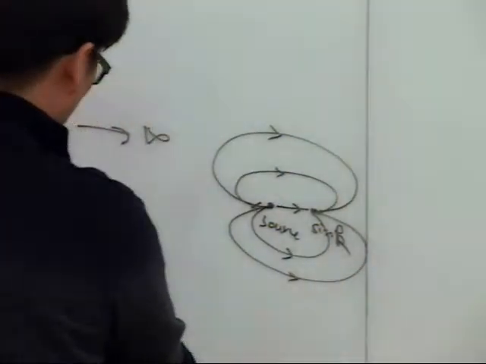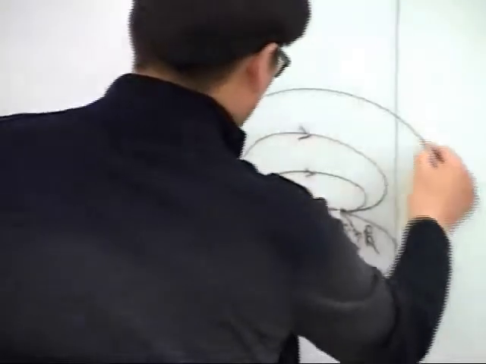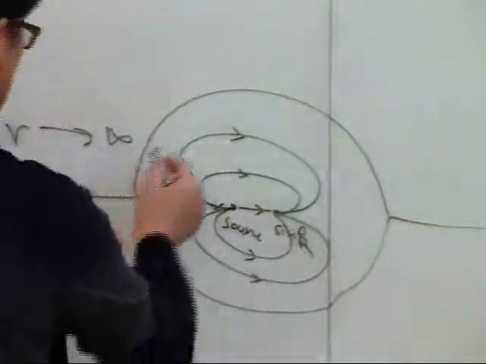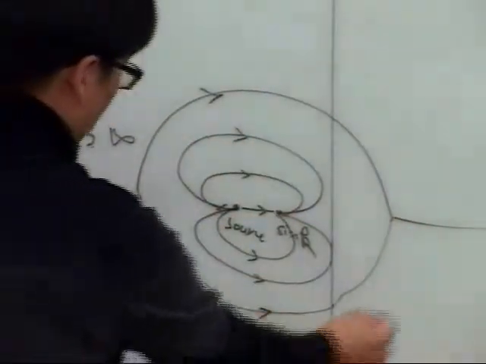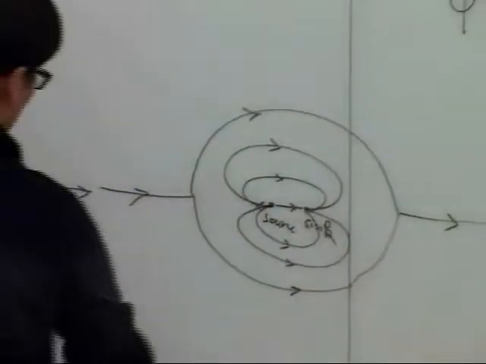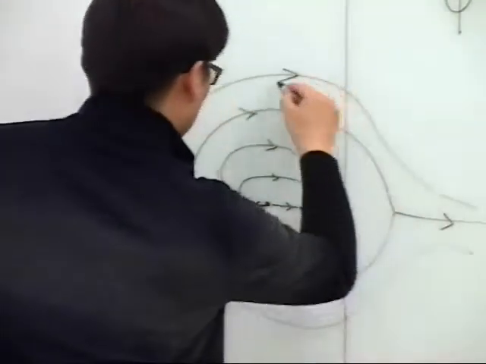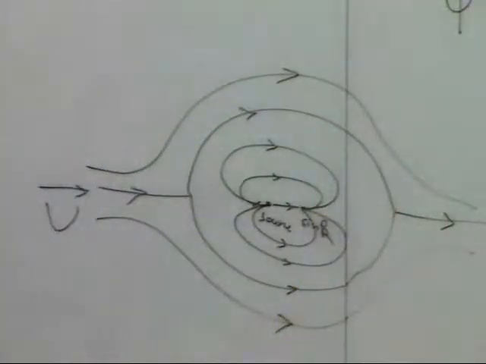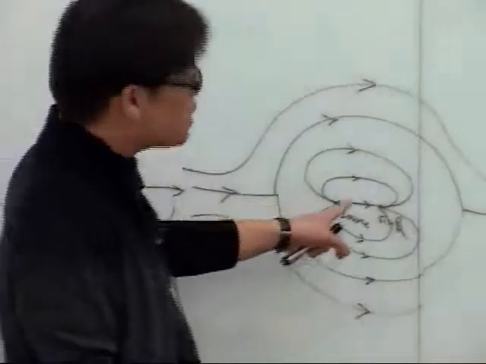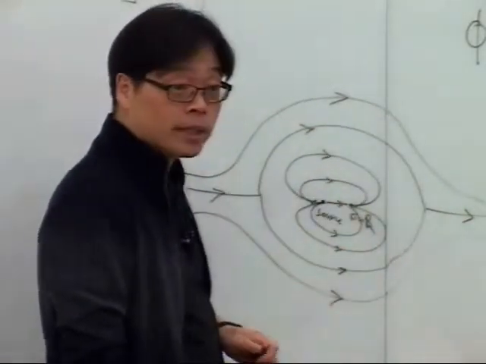And then when I add the uniform stream, I will end up with some closed body like this, and the flow around this body will be this. Okay? So by placing a source and sink, you can generate a closed streamline like this.